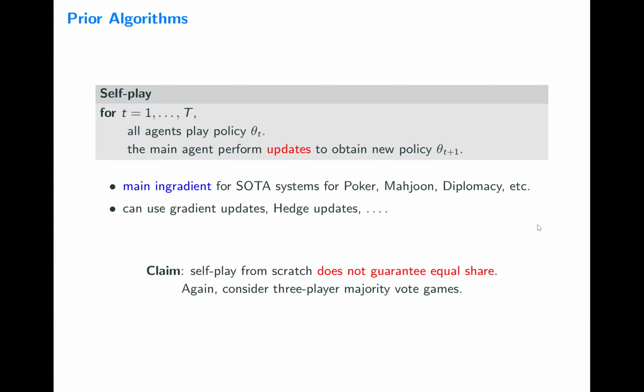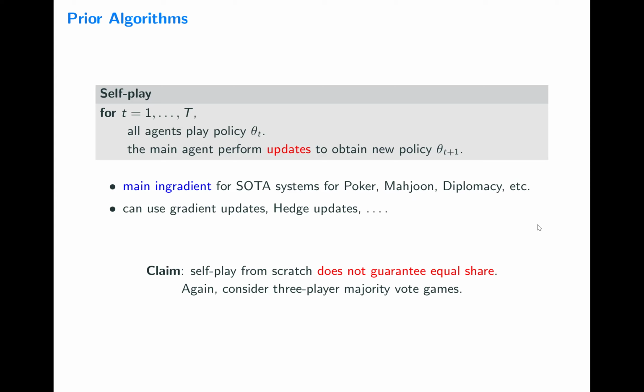Let me think. Okay, I suddenly forgot. I think we should have some answer. If you want me to guess, I think probably not, but I need to check it back. I remember it's not necessarily converging to some policy, or it might take a very long time to converge.